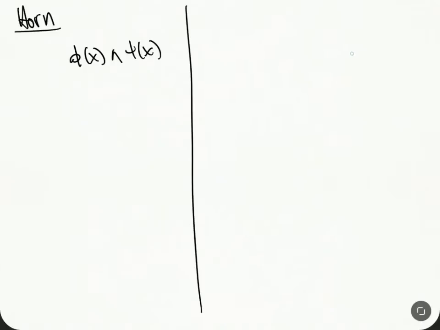Let's say that they have the same context A. So here we have our interpretation of phi, and then we have the interpretation of psi, and we have these two sub-objects here. And now we have the meet of these two guys.